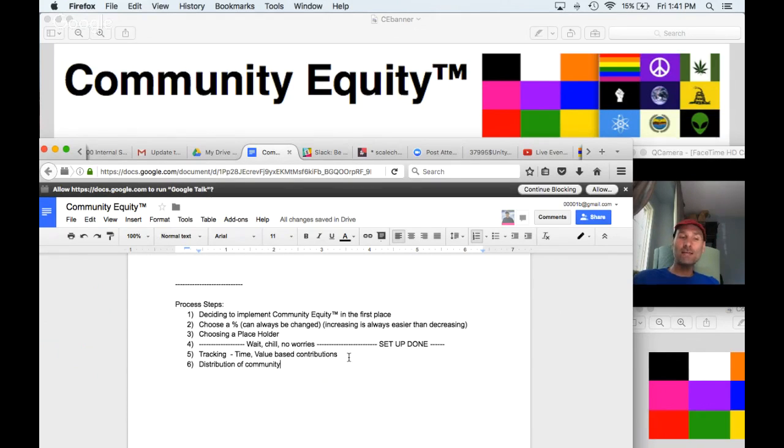You could transfer that 10% of the community equity into actual equity. And in that process of transferring the equity from the community equity placeholder to the individual, that is a legal process, and that legal process has tax implications, decision-making implications, and other aspects of business law. So does that make sense?